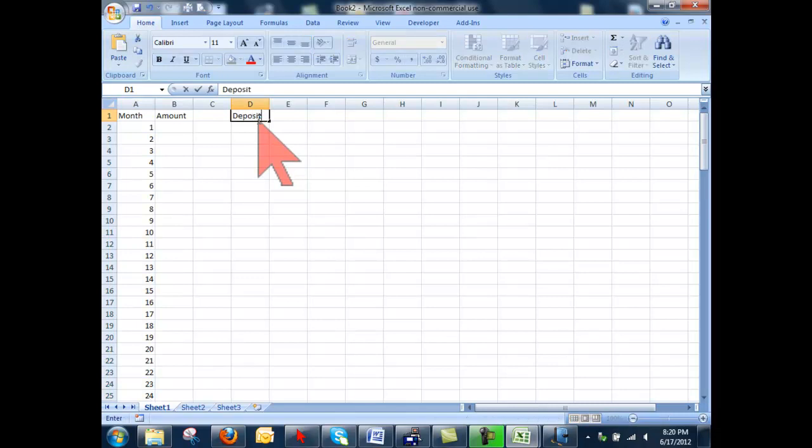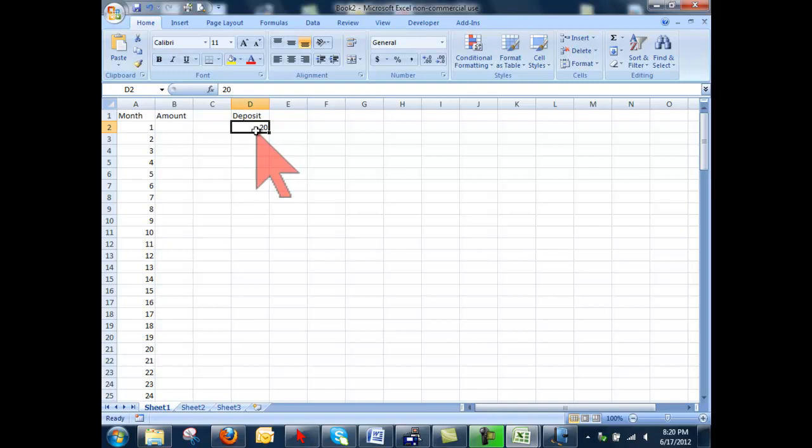Let's come over here and put another header called deposit, and right in here I'm going to put, for the first part of the question, $20 for my first deposit amount. But in order to make that easily accessed, let's name this cell.